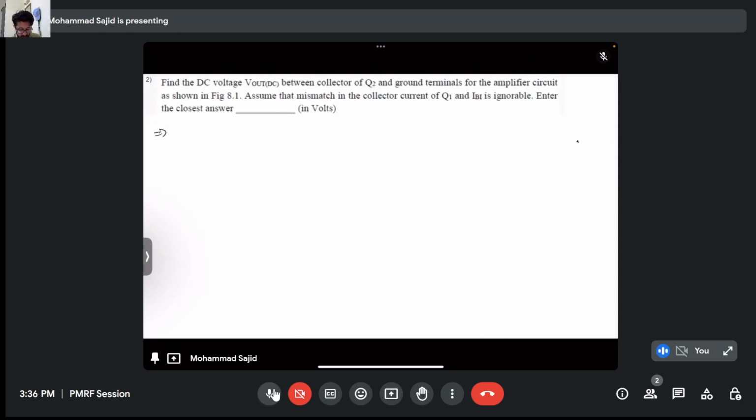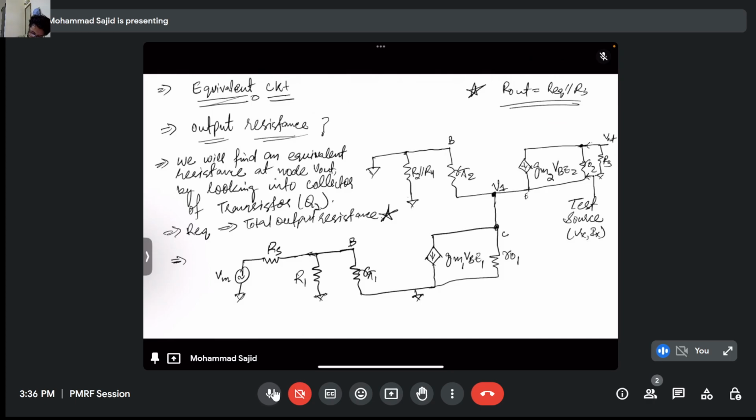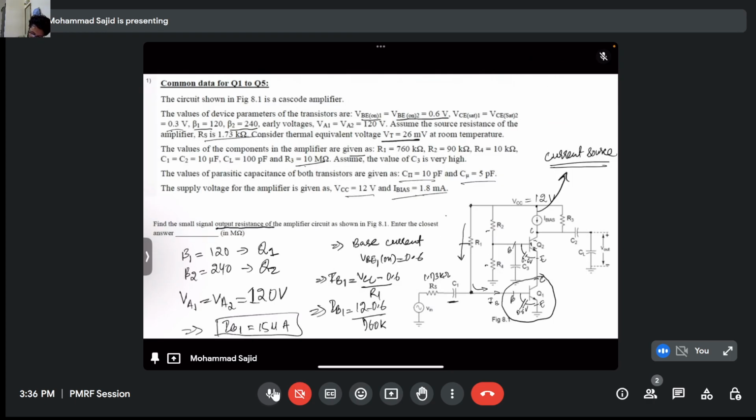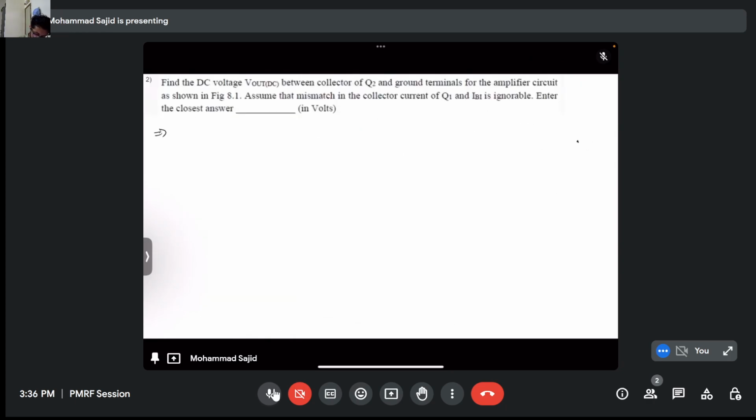Now let's move to the second question. Find the DC voltage, that is V out. V out is here. We have to find this voltage V out between the collector of Q2 and the ground terminal first.